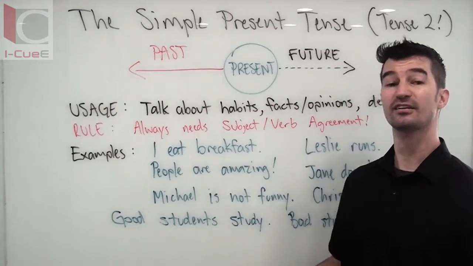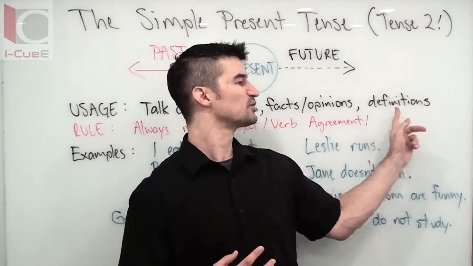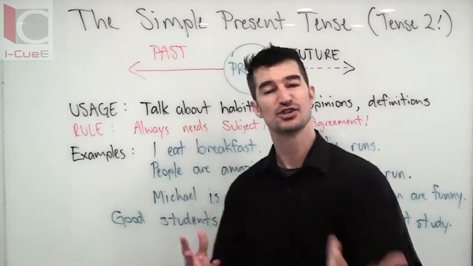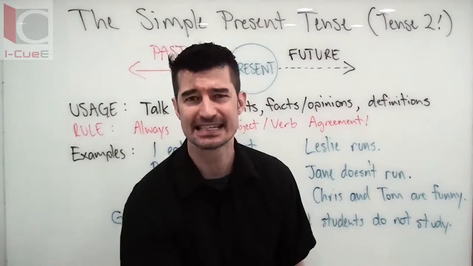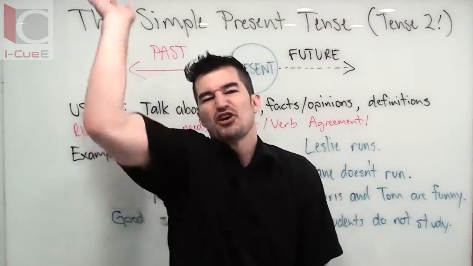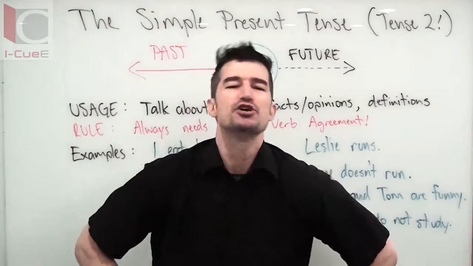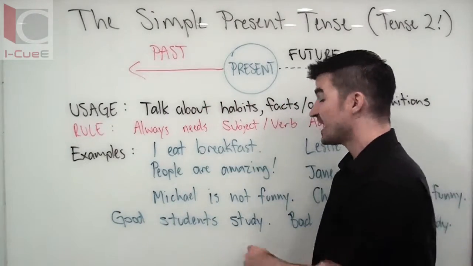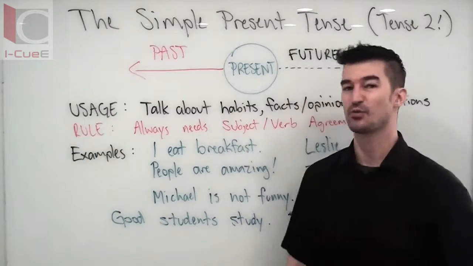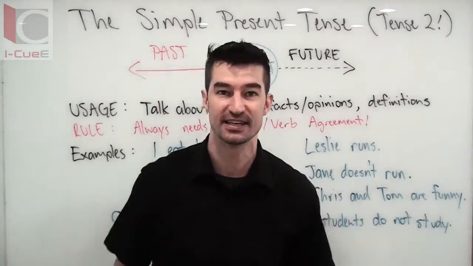Lastly, here is an example of those definitions. If I'm talking to students and I say, students, I want you to be good students, then a student might ask, teacher, what do you mean by a good student? And I would say, well, good students study. This is what I mean when I talk about good students.